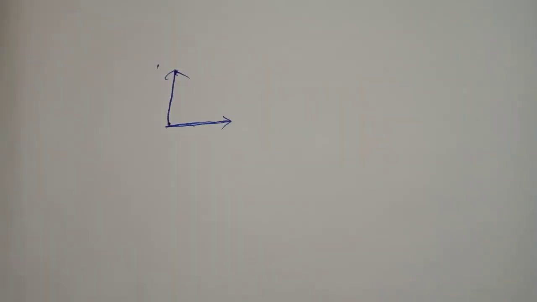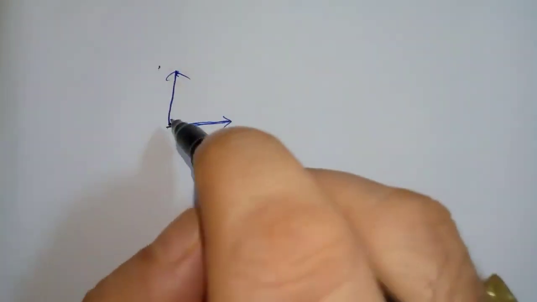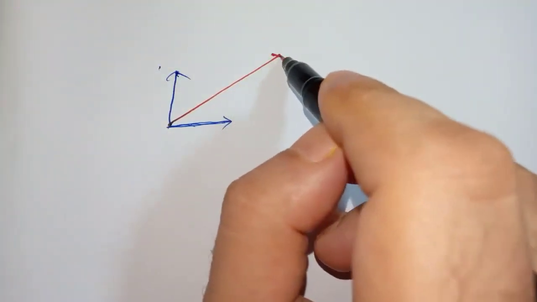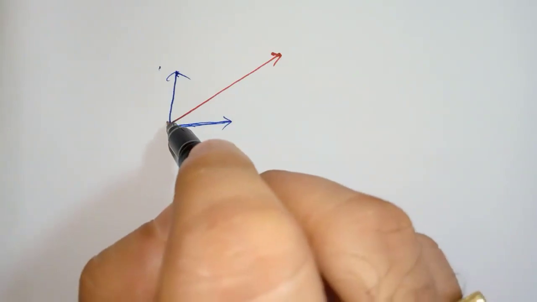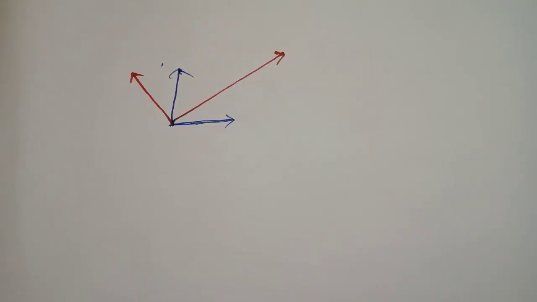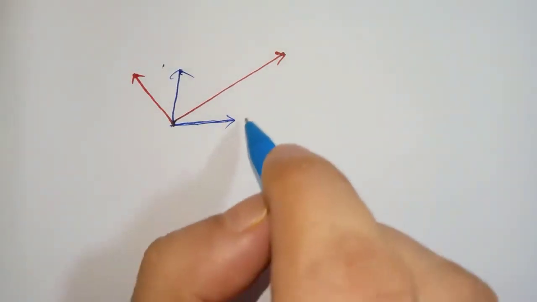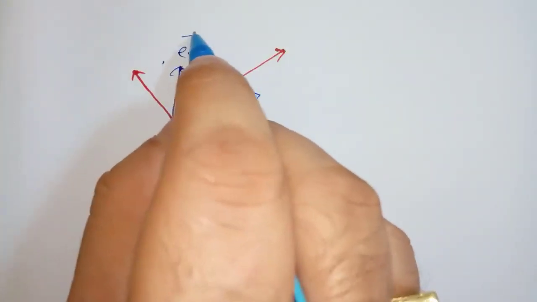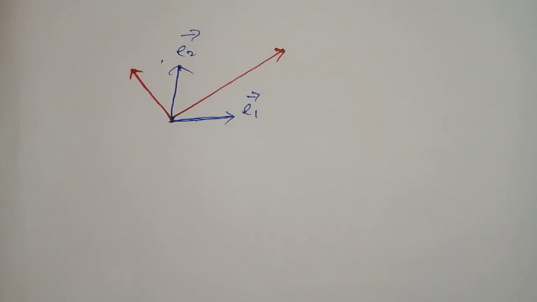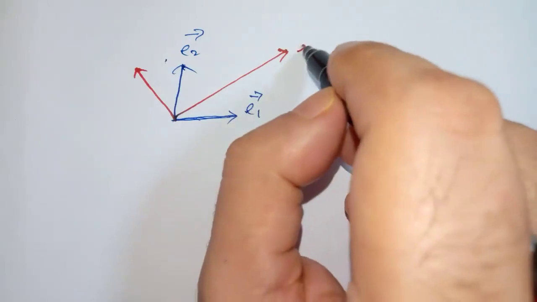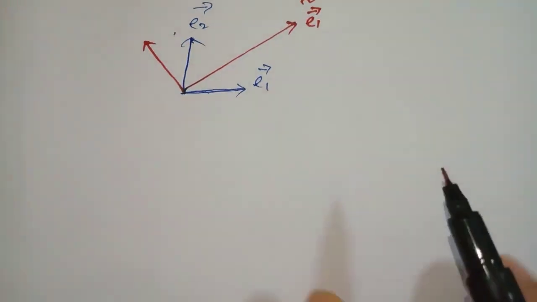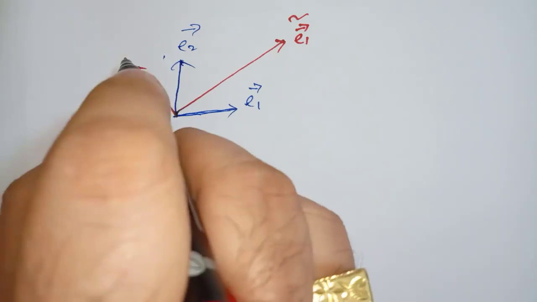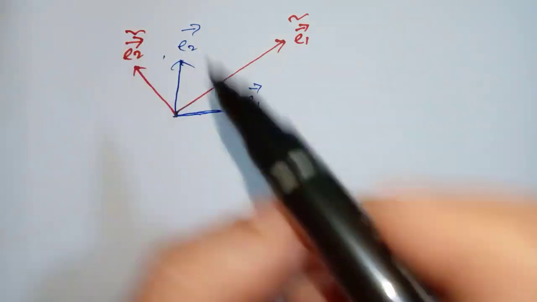We have this coordinate system pointing right towards this, and another one. So we can mention this as E1, and this as E2. These are the old basis vectors. What we are trying to get is a new basis vector, which is going to be E1 tilde, and this one would be E2 tilde.